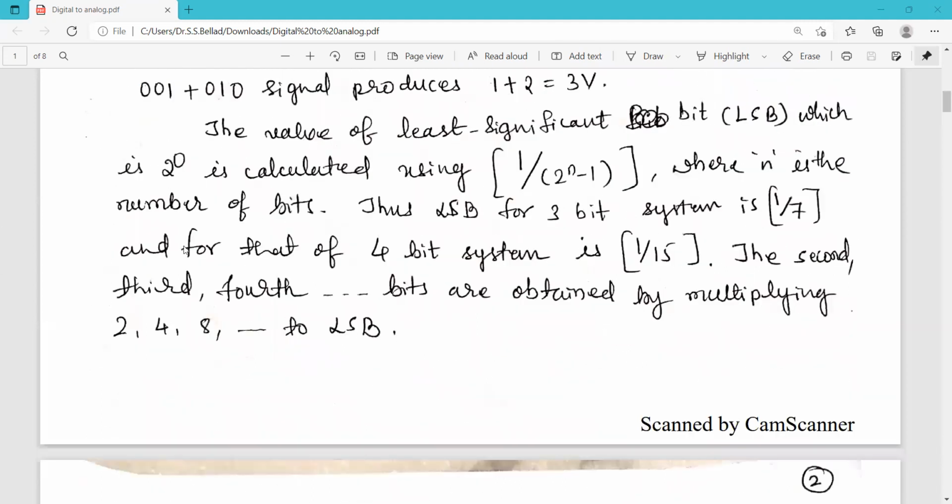Similarly, for the 4-bit system, n is 4. It is 2 raised to 4, which is 16, and 16 minus 1 is 15. So the value of LSB for a 4-bit system is 1 by 15.